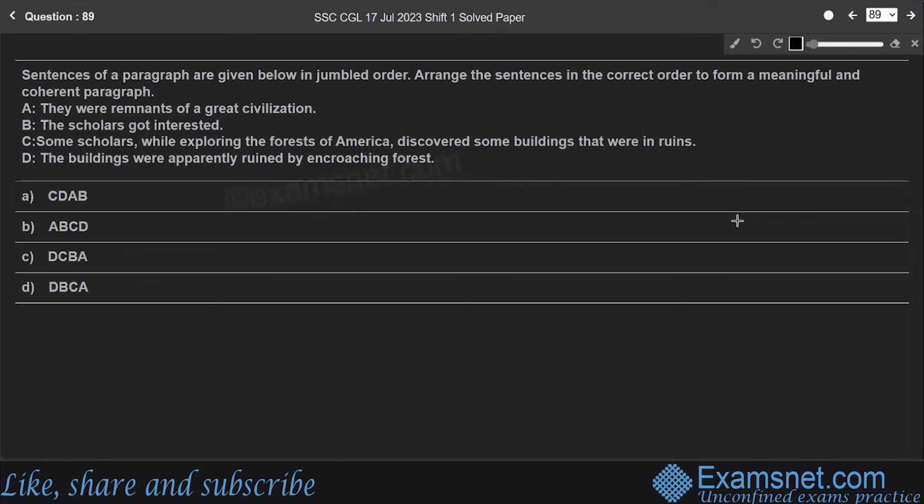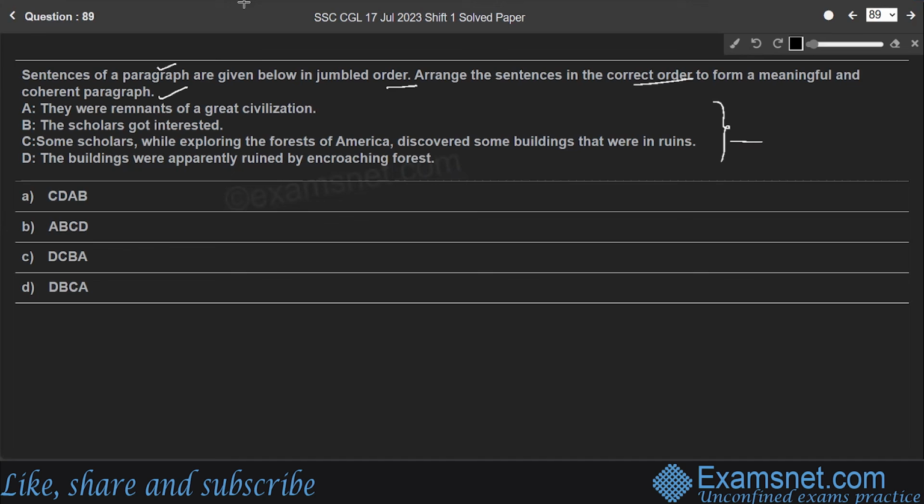Question 89. Sentences of a paragraph are given below in a jumbled order. Arrange the sentences in the correct order to form a meaningful and coherent paragraph. Here are 4 sentences given, students. So let us arrange these sentences in a meaningful order to form a coherent paragraph, right?